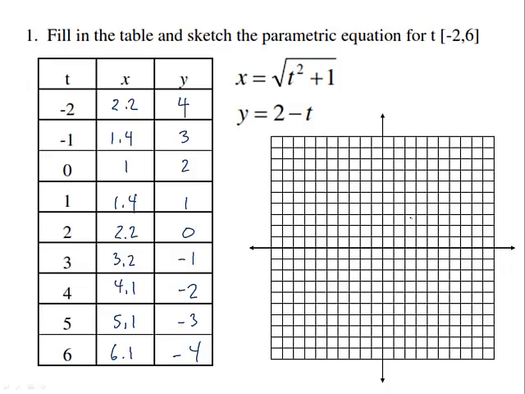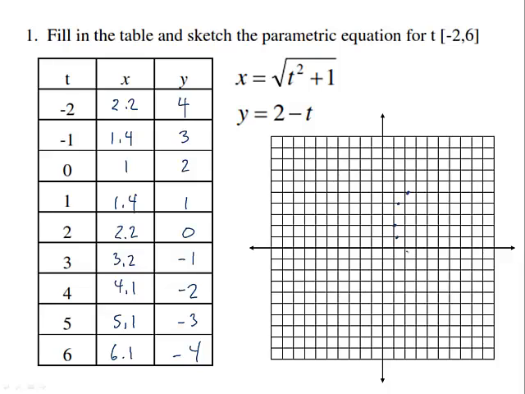Okay, graphing these on my graph, I go 2.2, 4, and 1.4, 3, and then 1, 2, and then 1.4, 1. You starting to see something here?